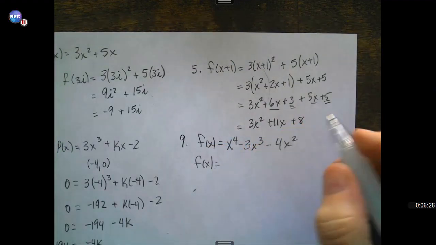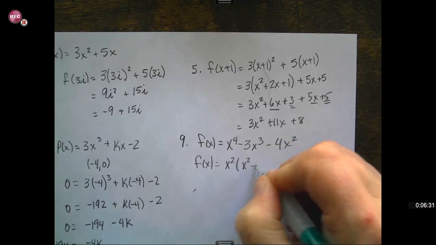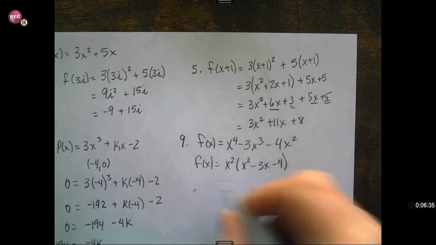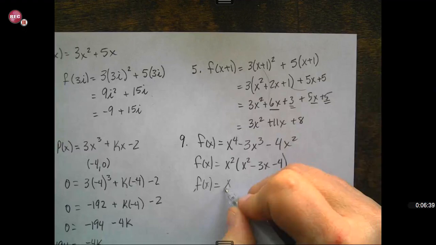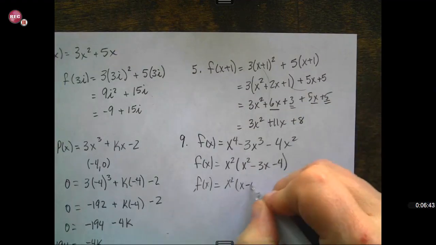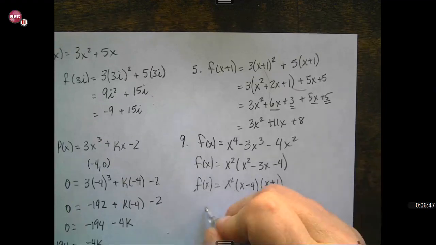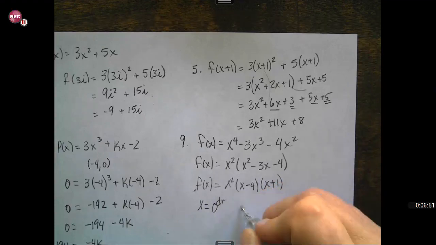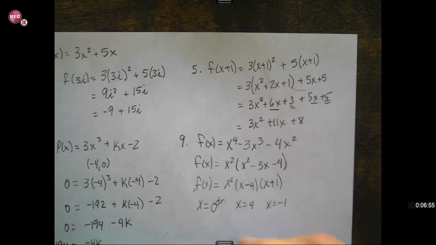I just factor out an x squared, and I get x squared times x squared minus 3x minus 4. And then that is a trinomial that factors. Go to our factor puzzle if we need to. It's x minus 4 times x plus 1. So my zeros are x equals 0, and that's a double root, x equals 4, and x equals negative 1.